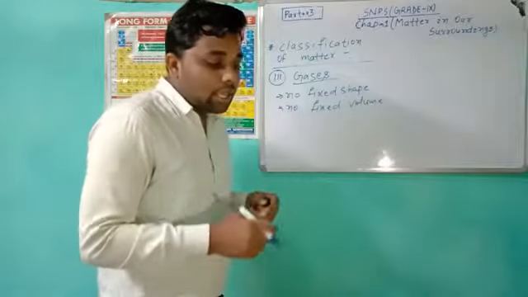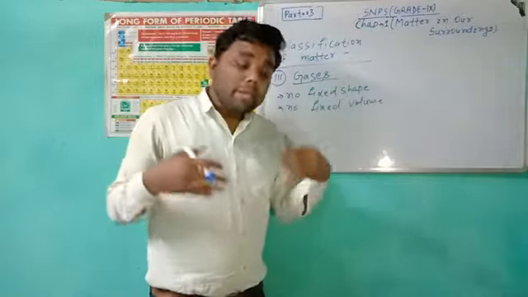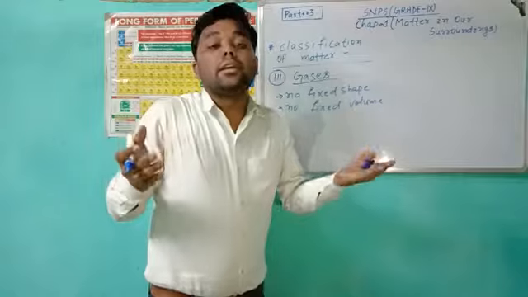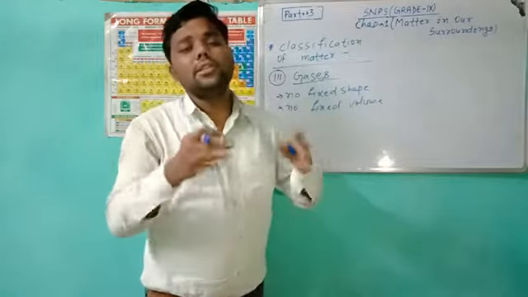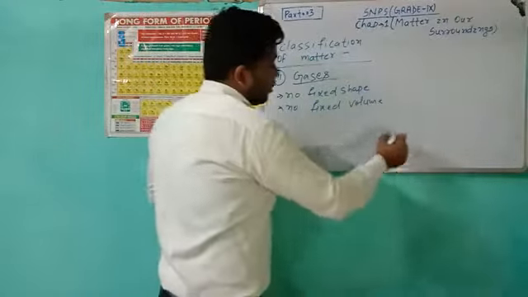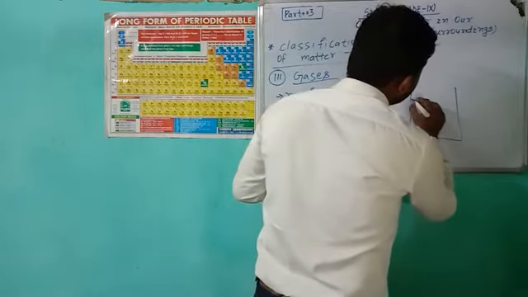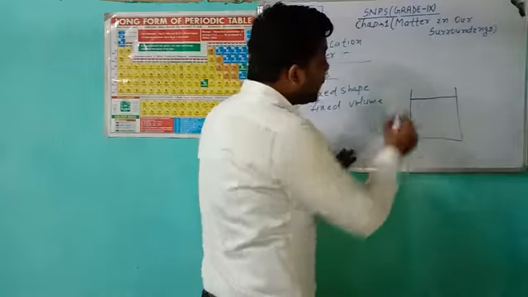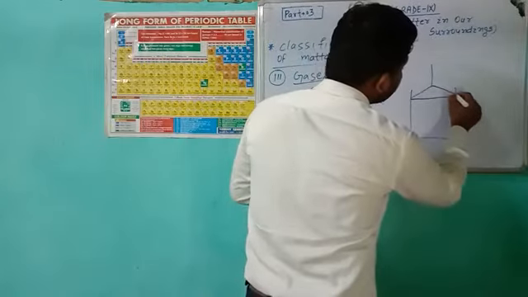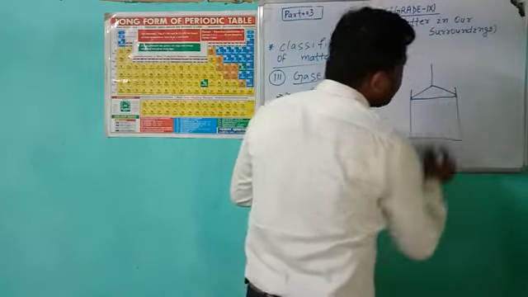The next is, gases can be compressed easily. We can compress gases easily. If we put some gas in a container like this, we can simply press it with the help of a piston.